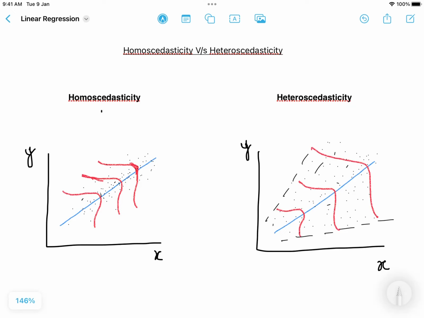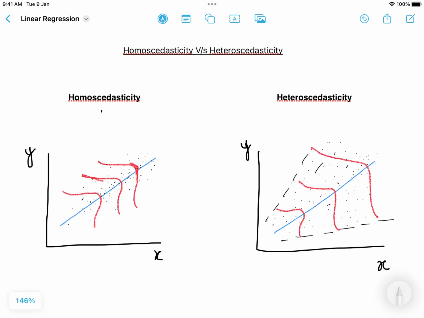The errors have a random nature. Suppose this is our point and this is our predicted line. This is the error, and every error is randomly distributed.